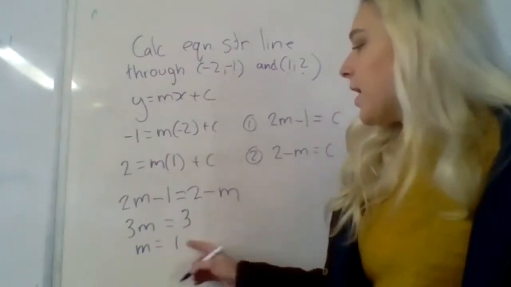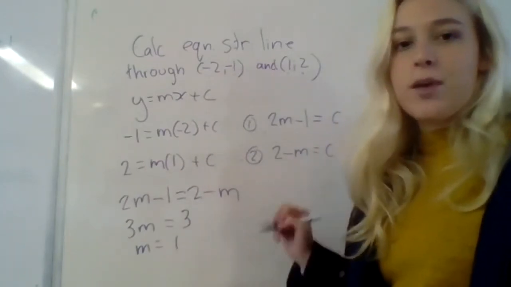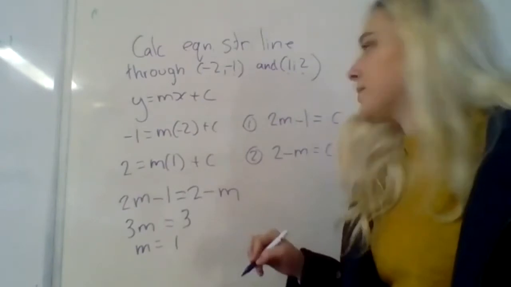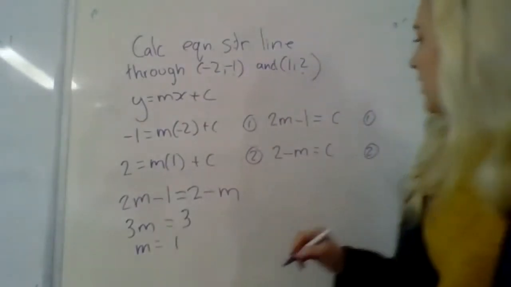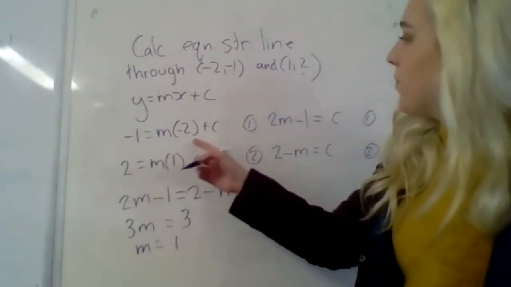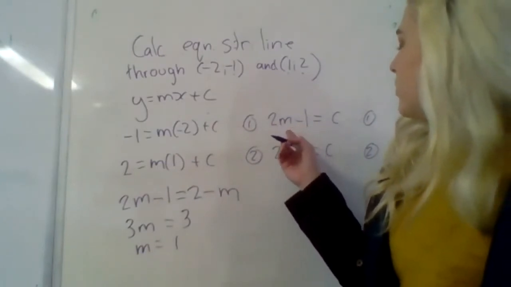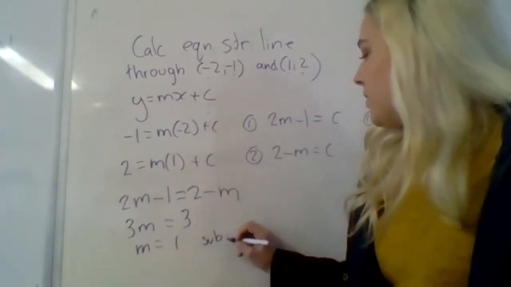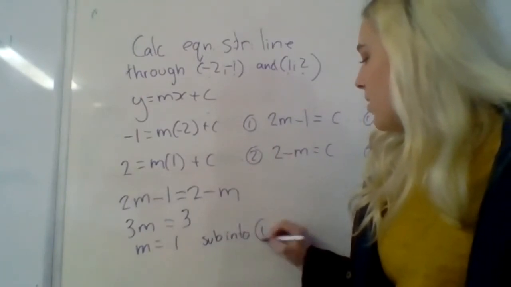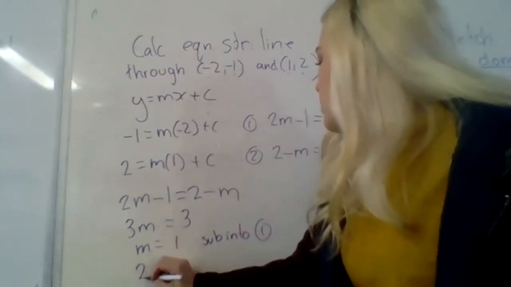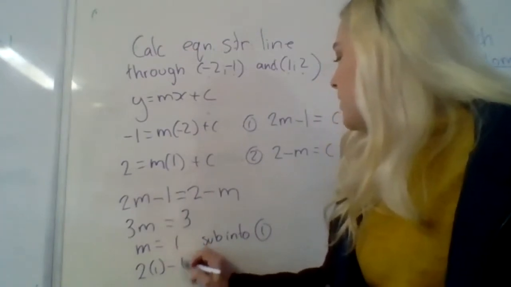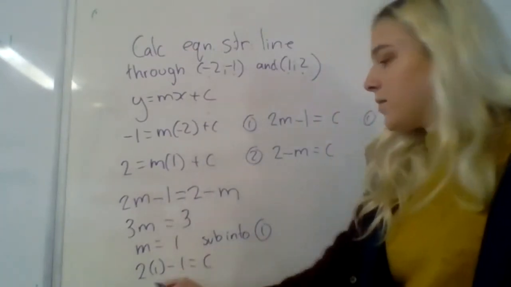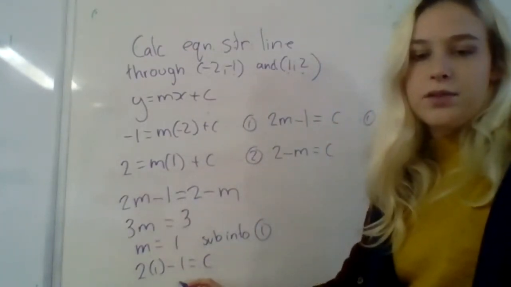Now that we know what m is, we can plug that into one of our original equations and work out what c is. Let's plug it into 1. Sub into 1, then we get 2 times 1 minus 1 is equal to c. 2 minus 1 is 1.